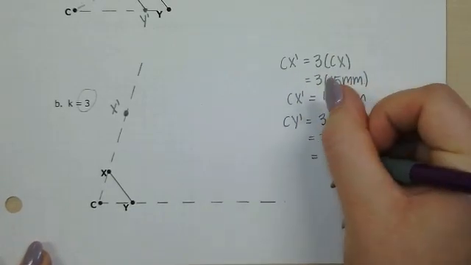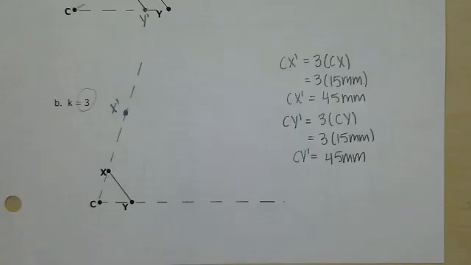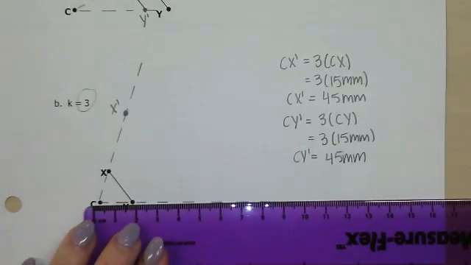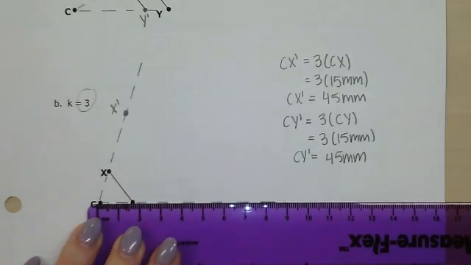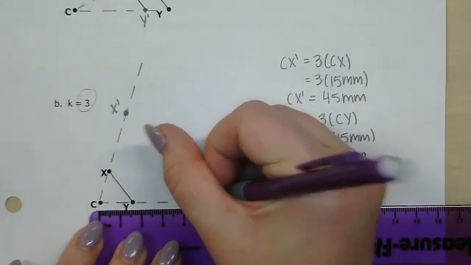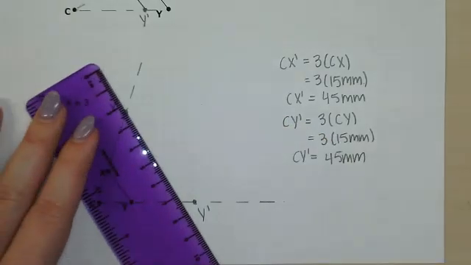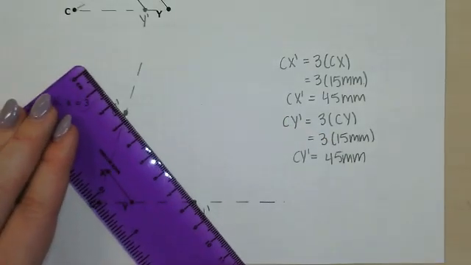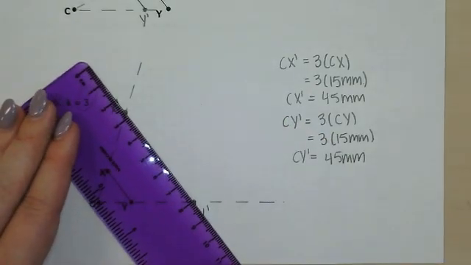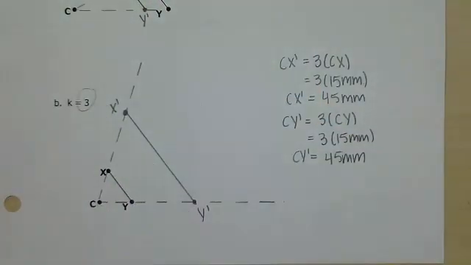So again, 45. So I come over here. I'm going to measure out to 45. That's now my y prime. And then my last step is to connect those 2 points there. All right, and then the length of x prime y prime should be approximately 3 times the length of xy.